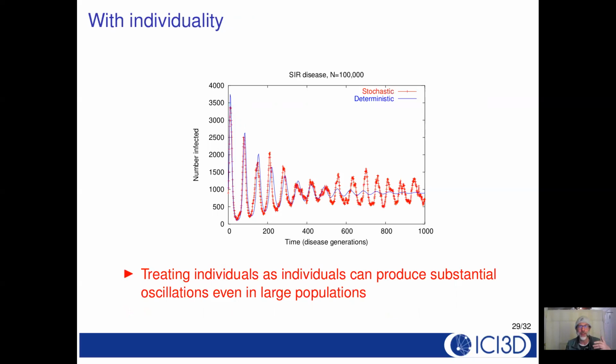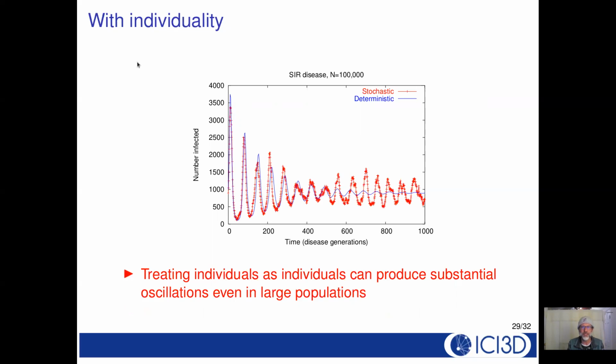And one of my favorite models is the model that makes the simplest possible version of the ODE model, with only the stipulation that we're going to treat individuals as individuals.